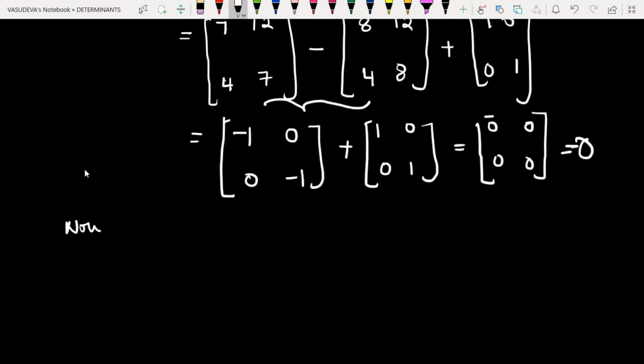Now using this equation, we have to find out A inverse. A square minus 4A plus I is equal to 0.